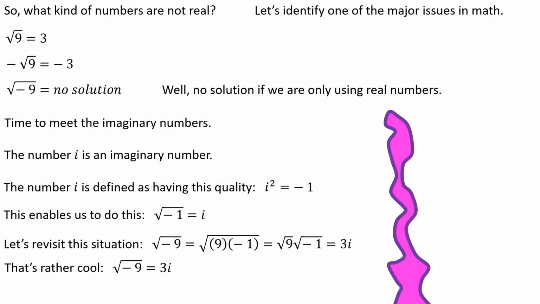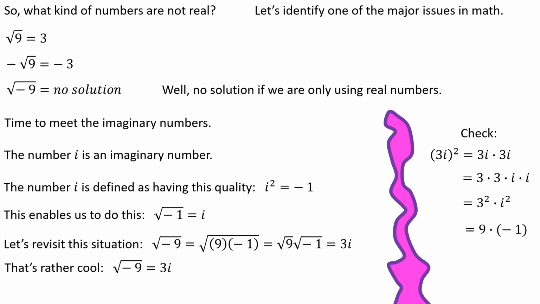Now, how would I check my answer? Well, let's square it. Let's take 3i and let's square it. In other words, 3i times 3i. Multiplication is wonderful because we can use the commutative property, right? I can change the order around because it's all multiplication. 3 times 3 will become 9, because that's 3 squared. i times i becomes i squared.